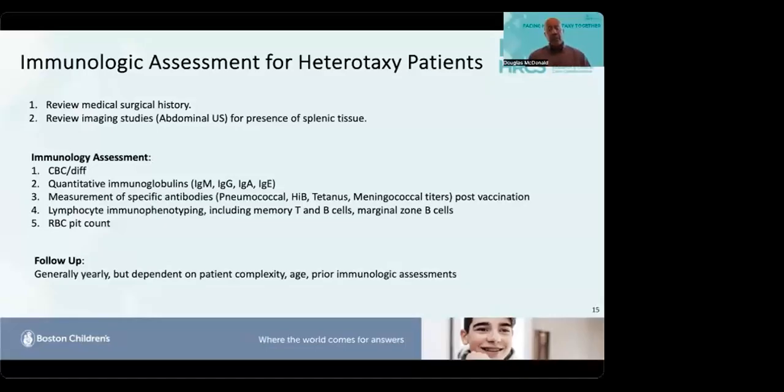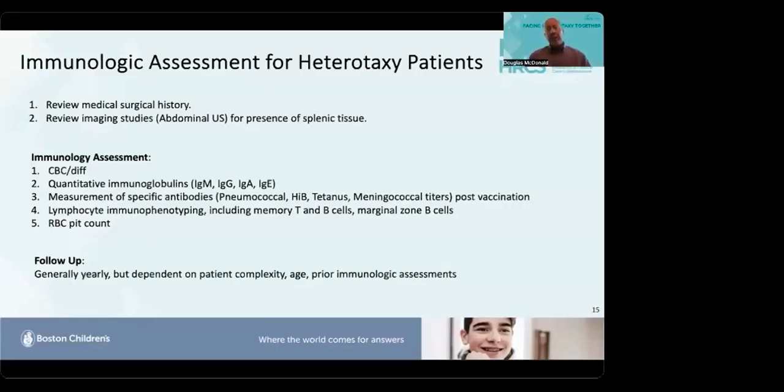We also perform lymphocyte immunophenotyping, which includes memory T and B cells and marginal zone B cells. And this can help give us an assessment of whether or not there is intact splenic function, and of course, our preferred pitted red blood cell count.